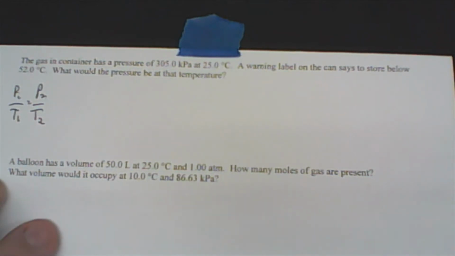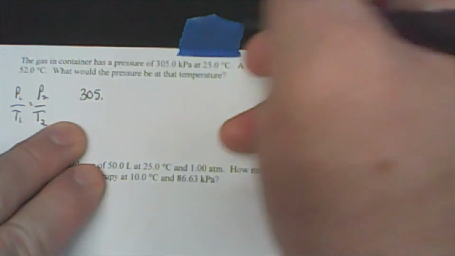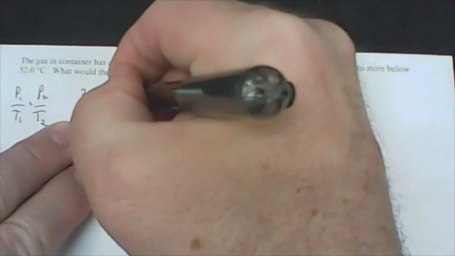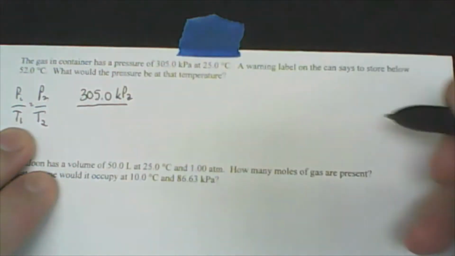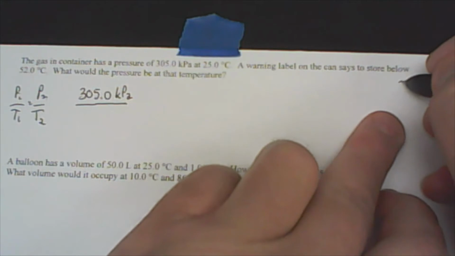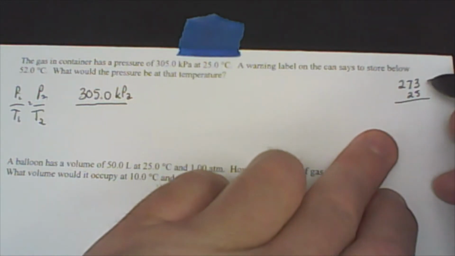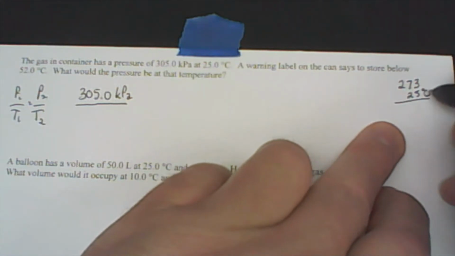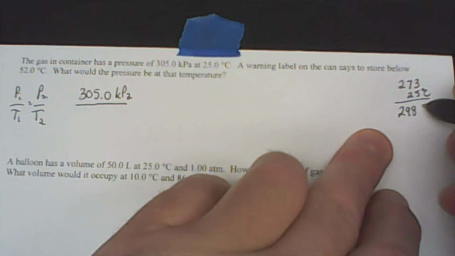Pressure 1 is 305.0 kPa. Temperature 1 is 25. Oh, wait a minute. It's degrees Celsius. What do I have to do to convert? I have to add 273 to my Celsius. So 273 plus 25 gives me what? 298 Kelvin.